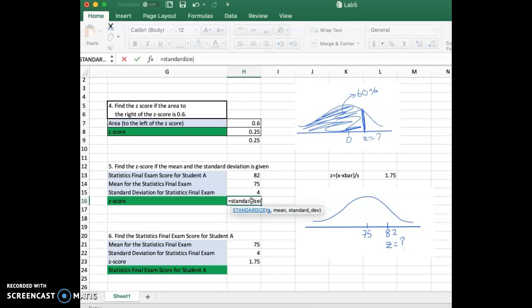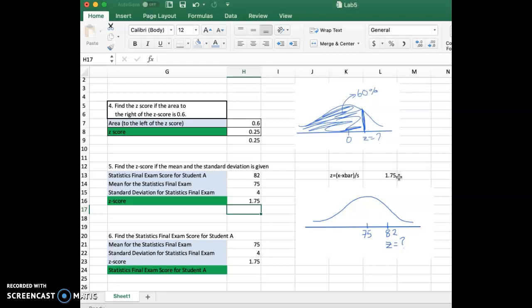When you open up the parentheses, you see that x means put the student score, comma, highlight the mean. Next one is comma, highlight the standard deviation. When you close the parentheses and hit enter, you will get 1.75, which we already found using the formula.